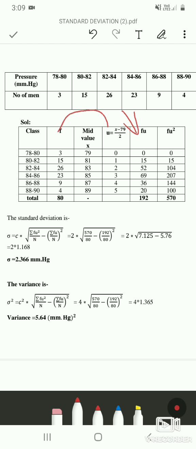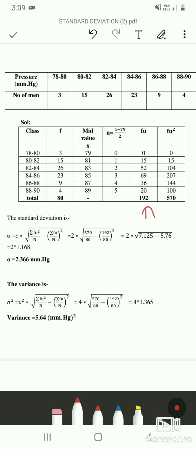Once you get the column of fu, the next step would be to square these values, that is u square, and multiply with f. So you will get fu square. Find out fu square for each value and then add to get the value of summation fu square, and add all the fu values to get summation fu.